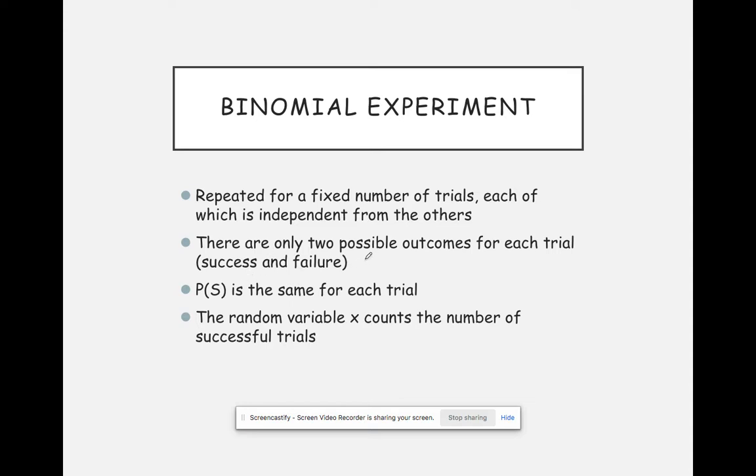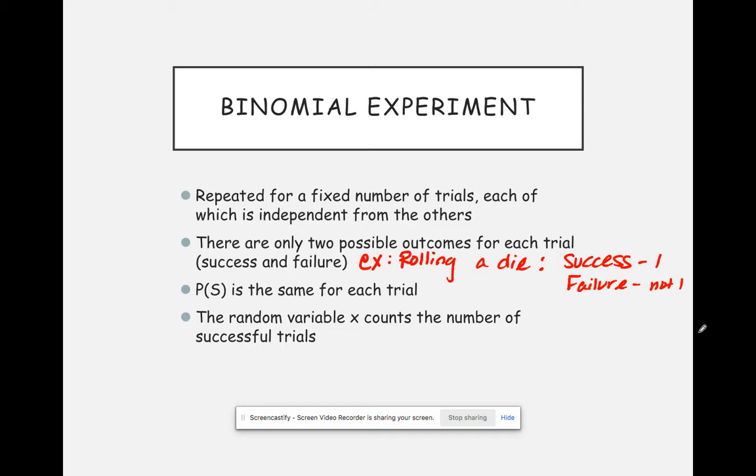If you were doing something like rolling a die, this could be considered binomial if you considered either maybe the evens versus the odds, or if you labeled a success as, we'll say, rolling a one, and a failure is everything besides rolling a one. So even though there are six outcomes on the die, if we can just put them into two separate categories, we can categorize those into successes and failures.